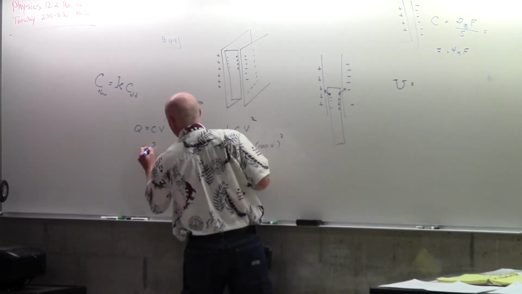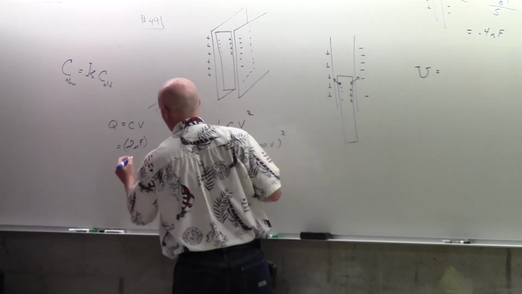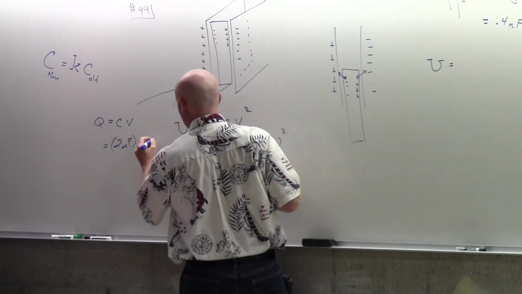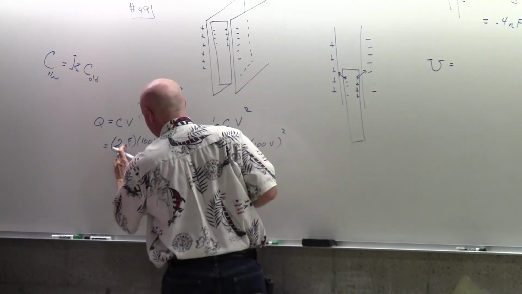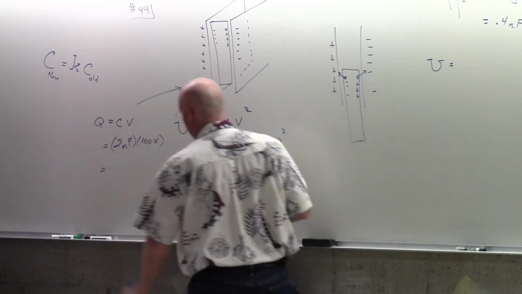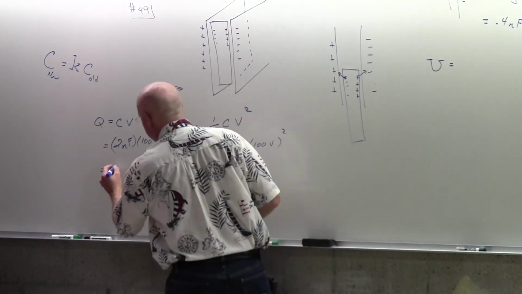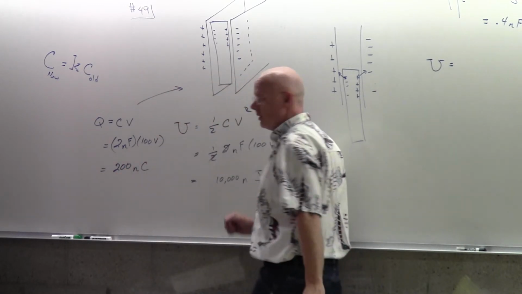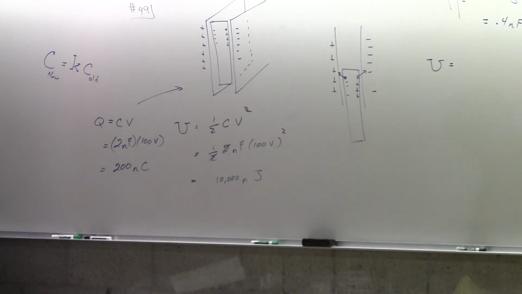It was 2 nanofarads before I pulled it out, and we had charged it up to 100 volts. And that is 200 nanocoulombs of charge that are on those plates.